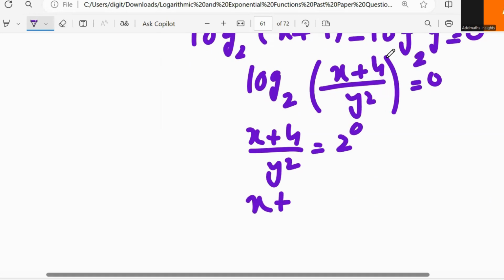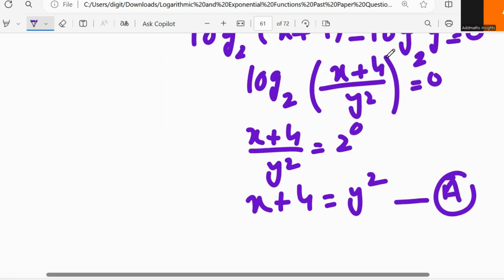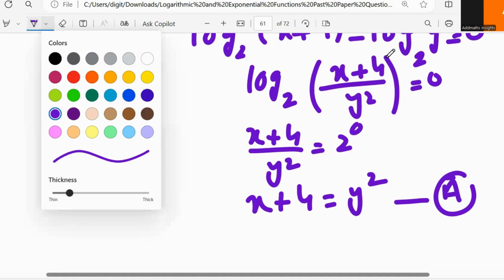So it means that x + 4 is equal to y squared. So now this is your new equation A. This is how you can change logarithmic form to exponential form, and you get the equation x + 4 equals y squared.